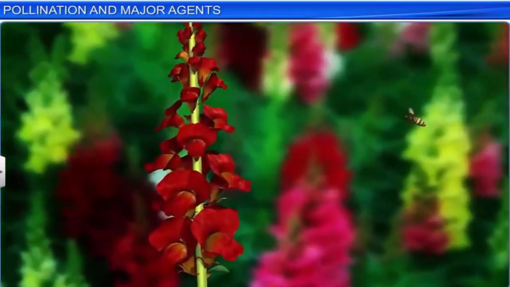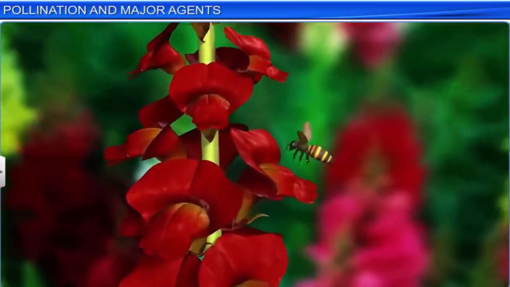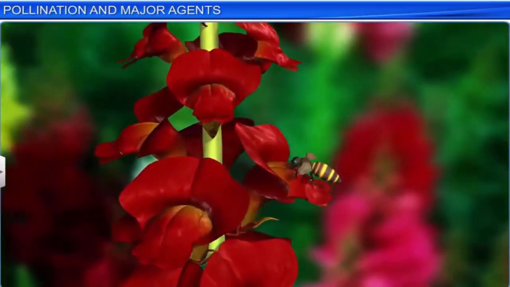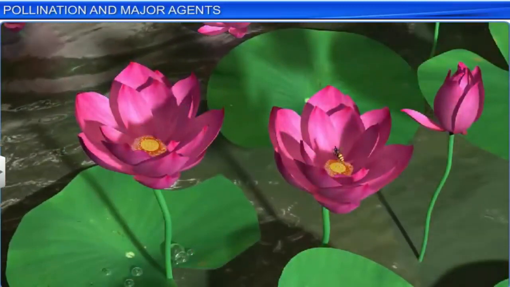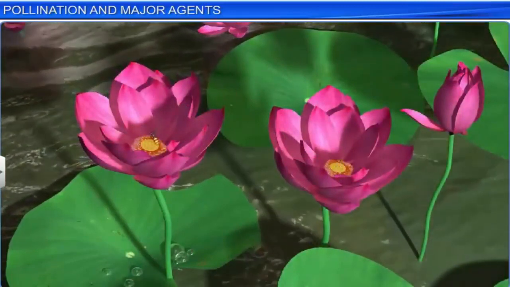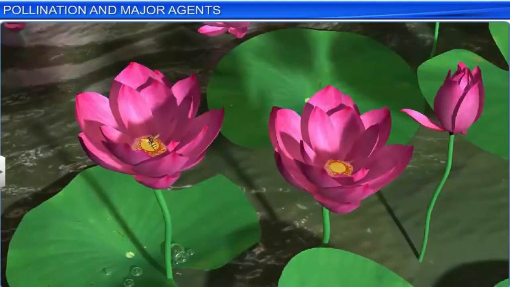However, certain birds and insects such as the bumblebee visit flowers for nectar and pollen but don't bring about pollination. These creatures are referred to as pollen robbers. Honeybees, as well as other insects, also pollinate a large number of aquatic flowering plants such as the freshwater lily.